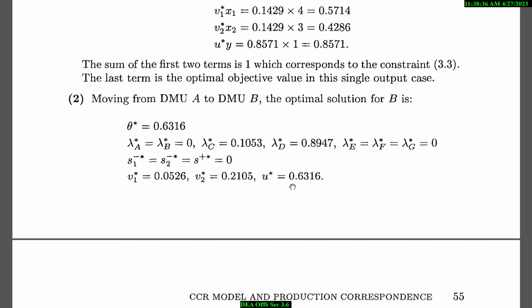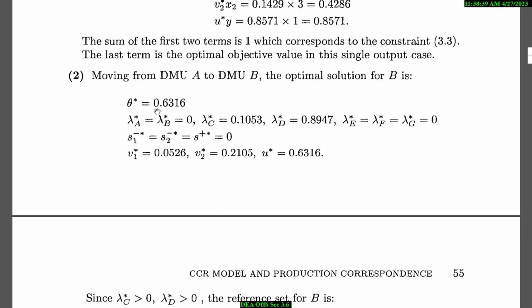So we have this same for B. Here also B is not efficient. The max slacks are 0.